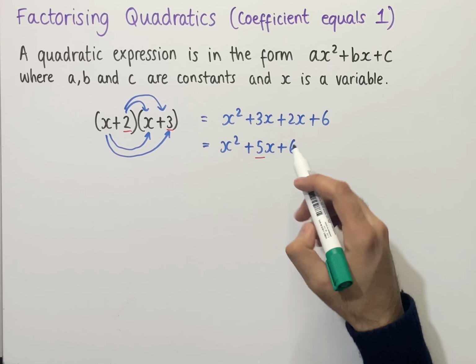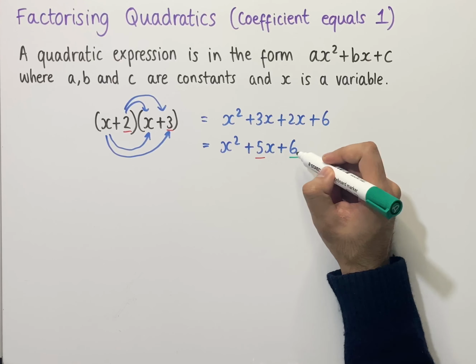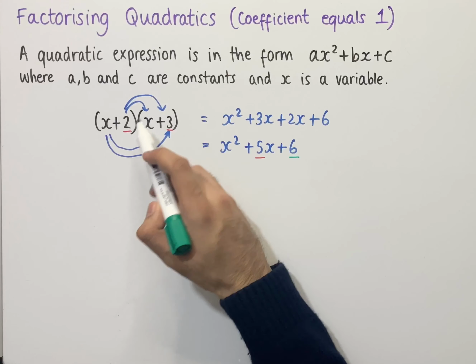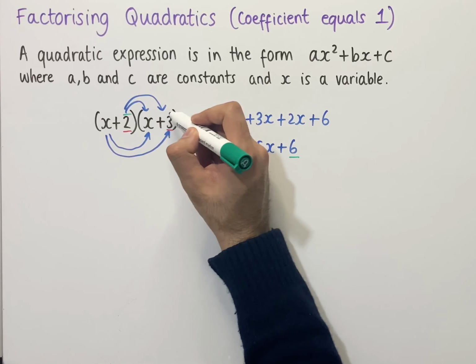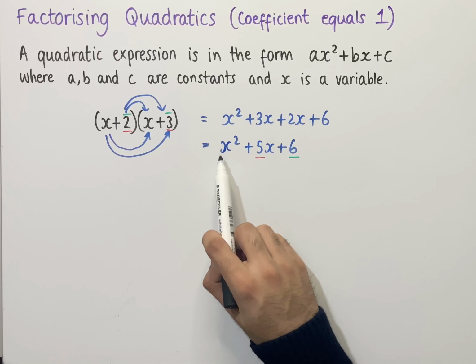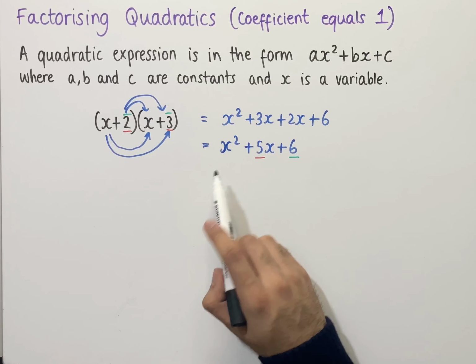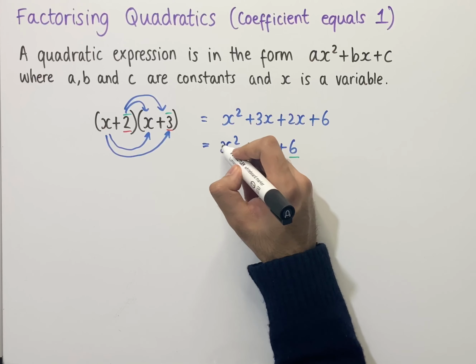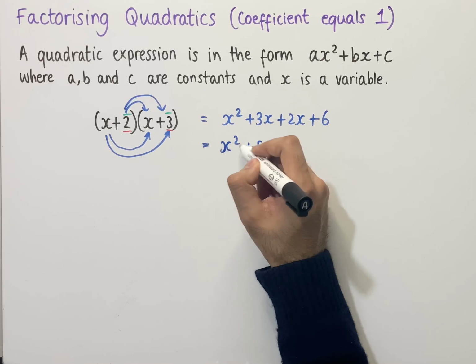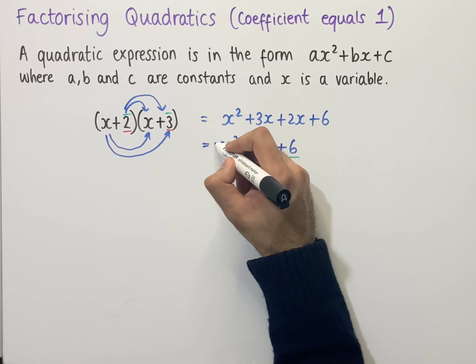We also see that the number on the end here, 6, is equal to 2 multiplied by 3. And finally, the coefficient of the squared term, x squared, is equal to 1, since we only have one x squared within this quadratic expression.